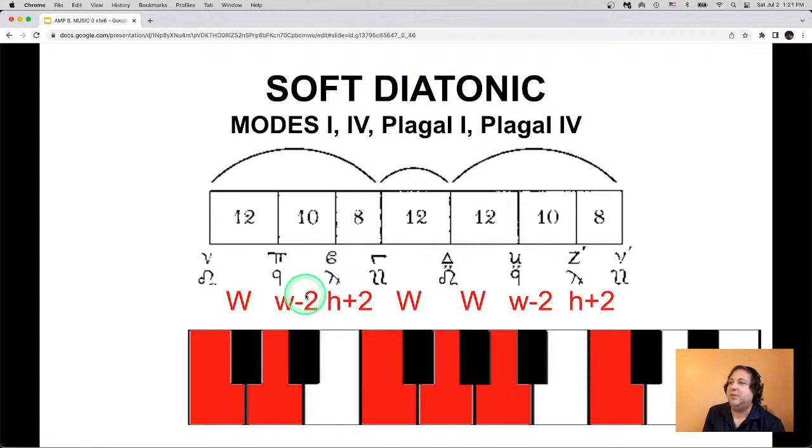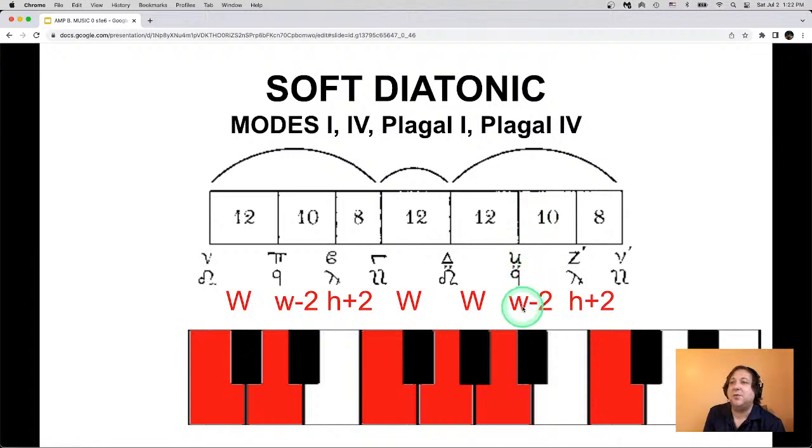So now if you just kind of cancel these out, you have whole, whole, half, which will give you this F that's right on the piano. Then you have 12 again, so that's a whole step to G. You have 12 again, from G to A. So those are all piano friendly.